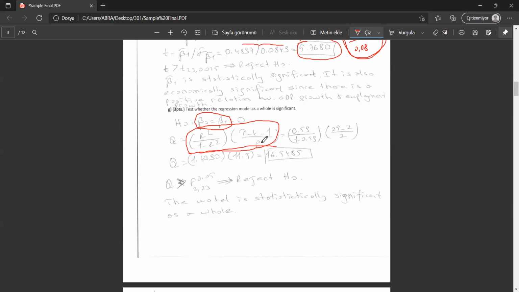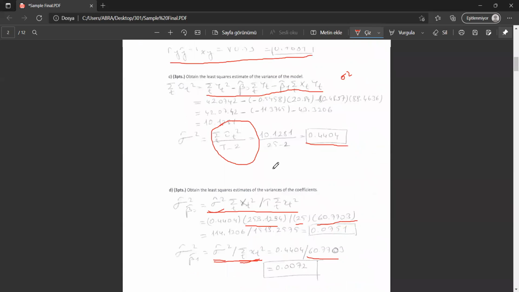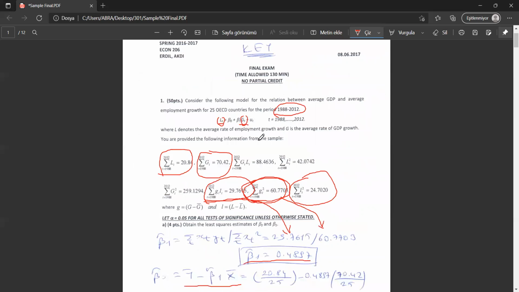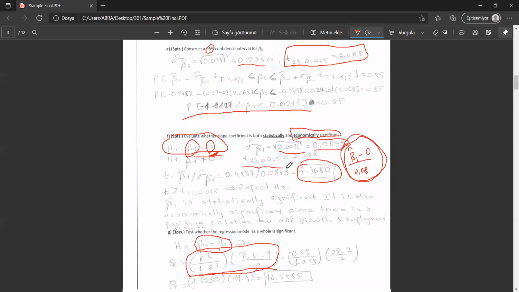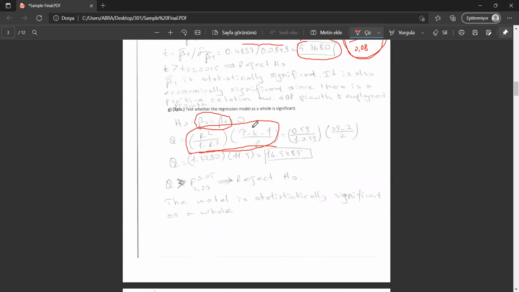P is the number of parameters. We have 2 parameters. Our model includes beta 0 and beta 1. So here both k is 2 and p is 2. We put the values in the formula and we find that our decision criterion comes up as 16.